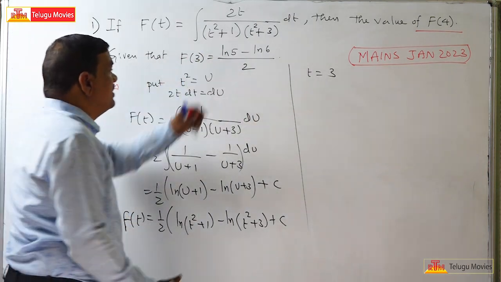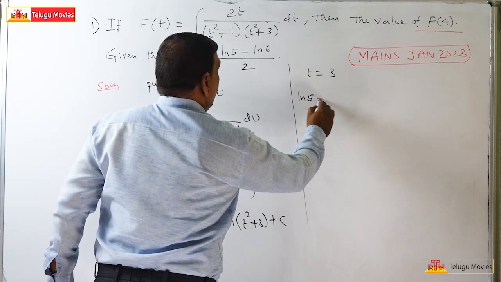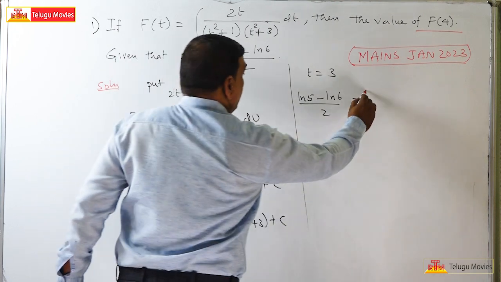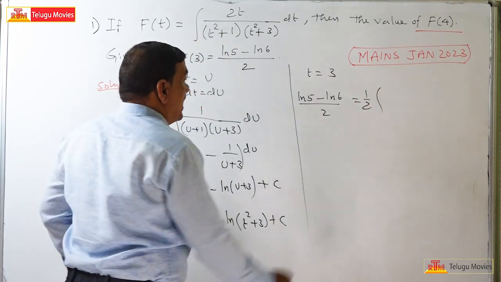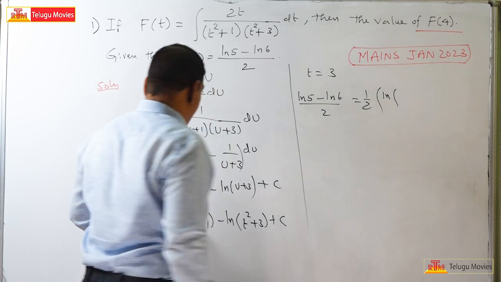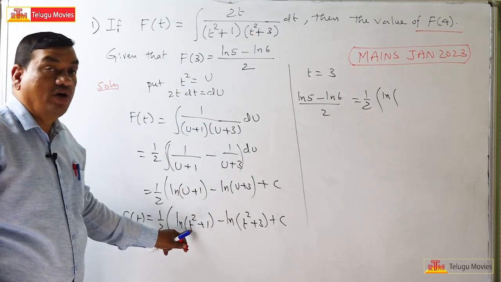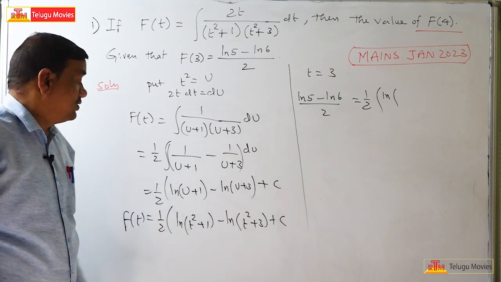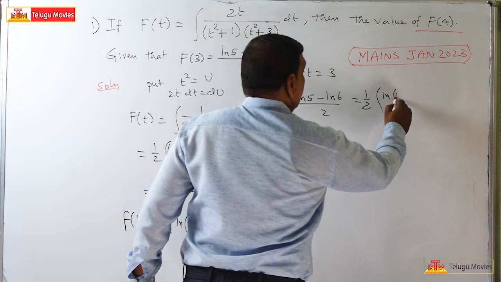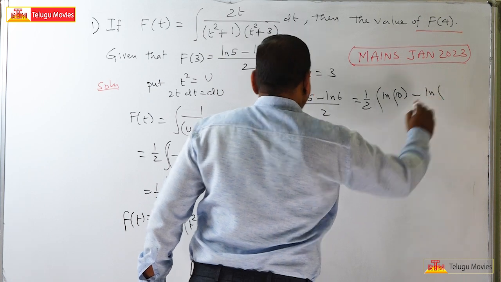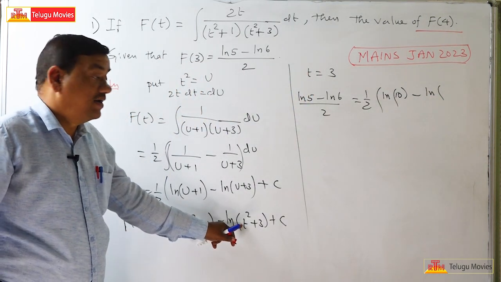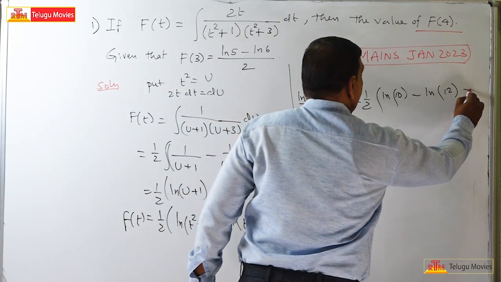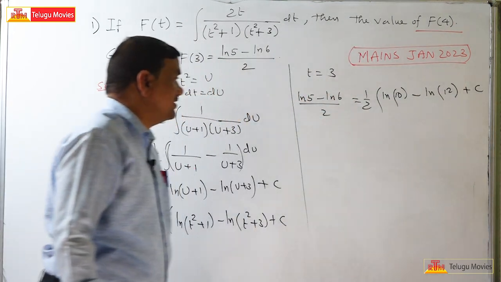So f of 3 means ln 5 minus ln 6 by 2 is equal to 1 by 2 into [ln of (t square plus 1), t square is 3 square, 9, 9 plus 1, 10, minus ln of (3 square, 9, plus 3, 12)] plus c.